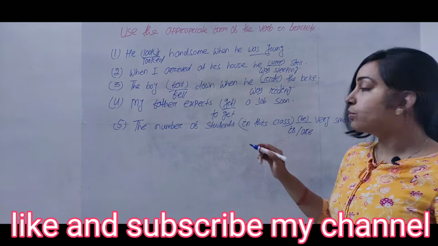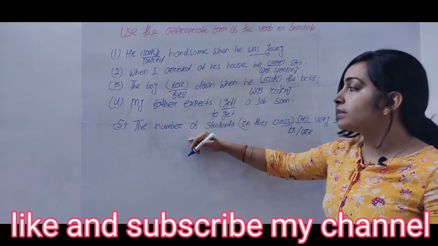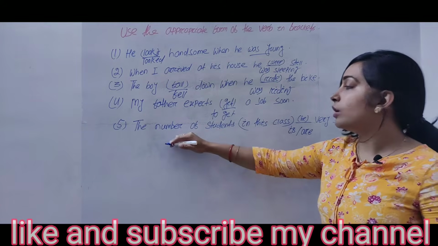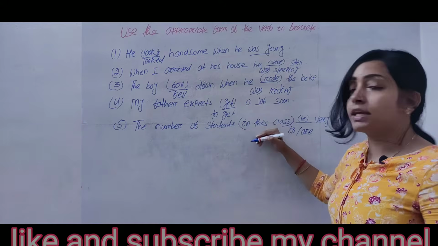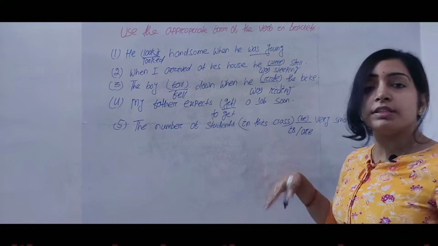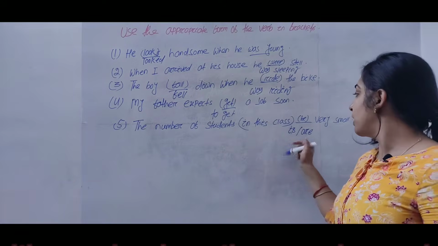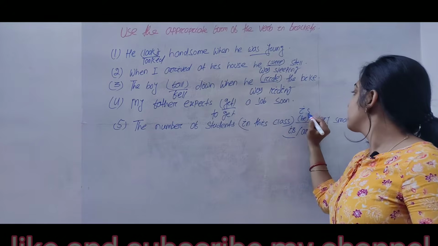But here we have used "in this class". That means "in this class" makes the subject singular. The number of students in this class means the students of this class, so here we have to take the singular verb, that means is.